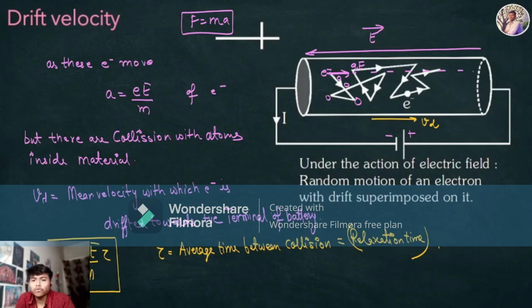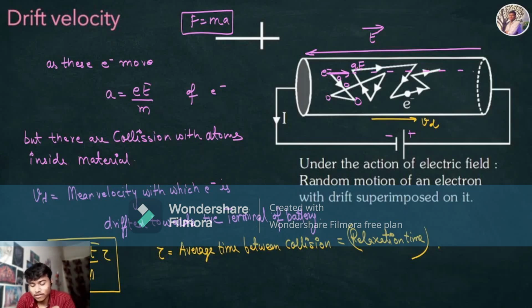Now let's talk about what drift velocity is. This is for electrons. There is a random motion of electrons inside the conductor, and they acquire a speed known as collision speed, which is an average taken over the time between collisions.